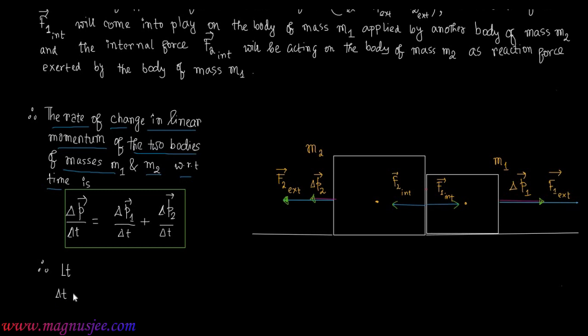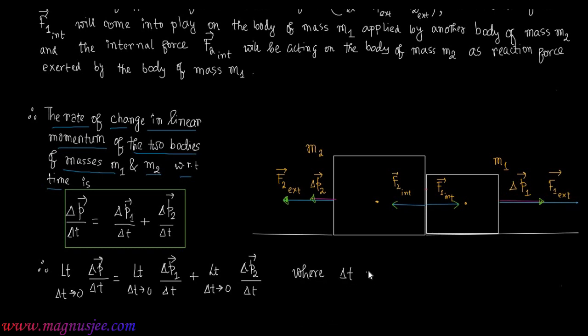Considering the limit delta t tends to 0, delta vector p by delta t equals the limit of delta p1 by delta t plus the limit of delta p2 by delta t, where delta t is the small time interval in which linear momentum of the two bodies changes.